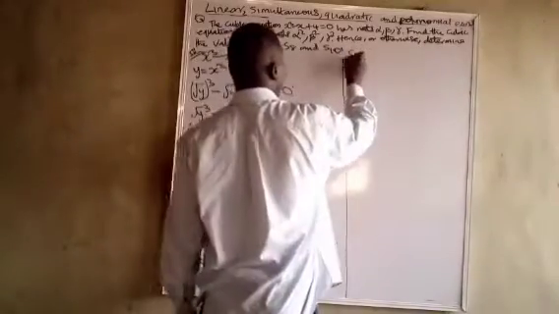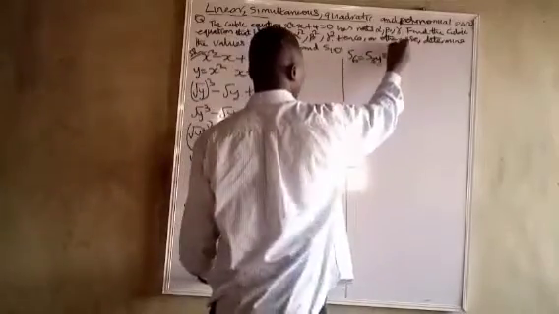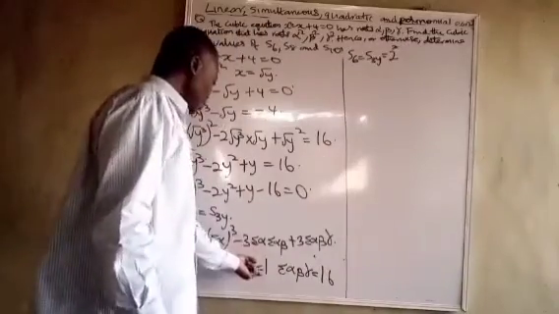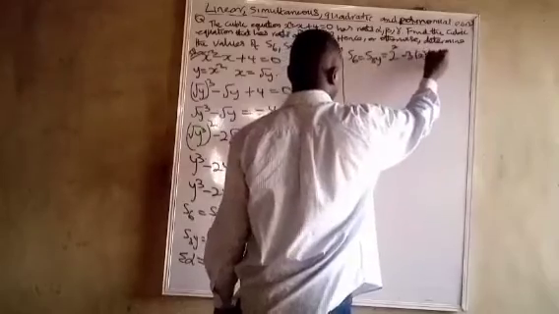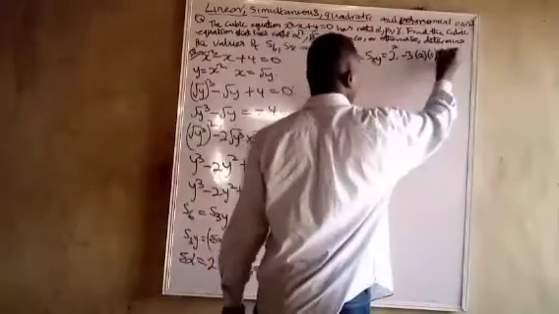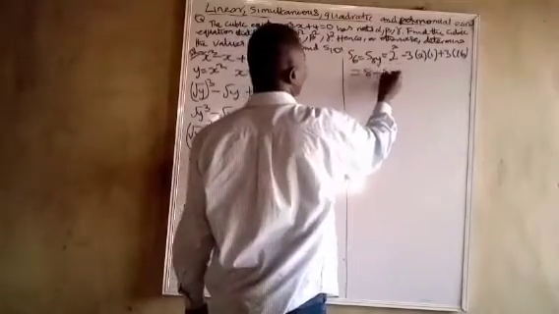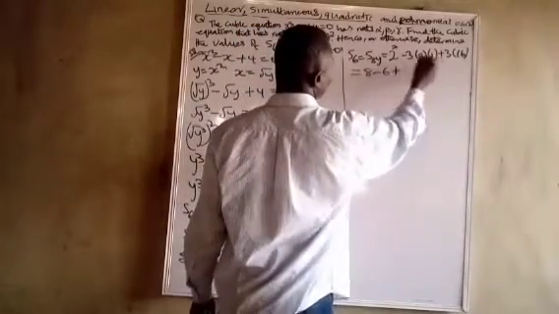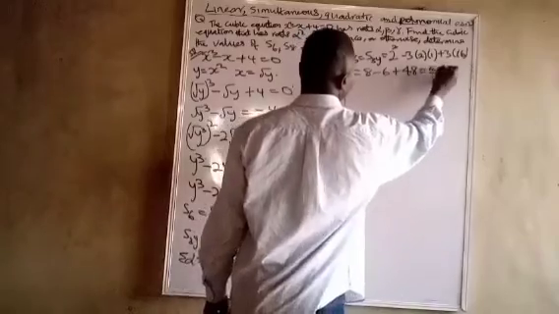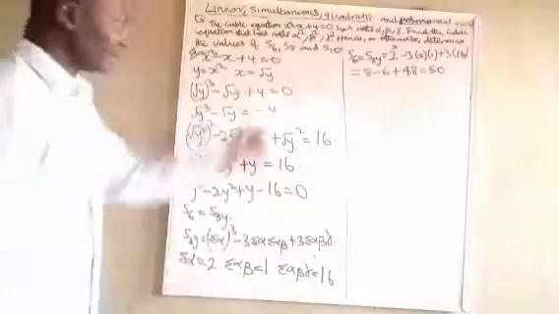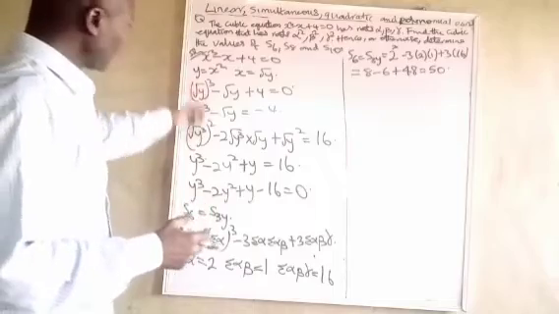So S6 equals S3y, which is 2 cubed minus 3 into 2 times 1 plus 3 into 16. So that gives me 8 minus 6 plus 48, and that is 50. So S6 is 50.